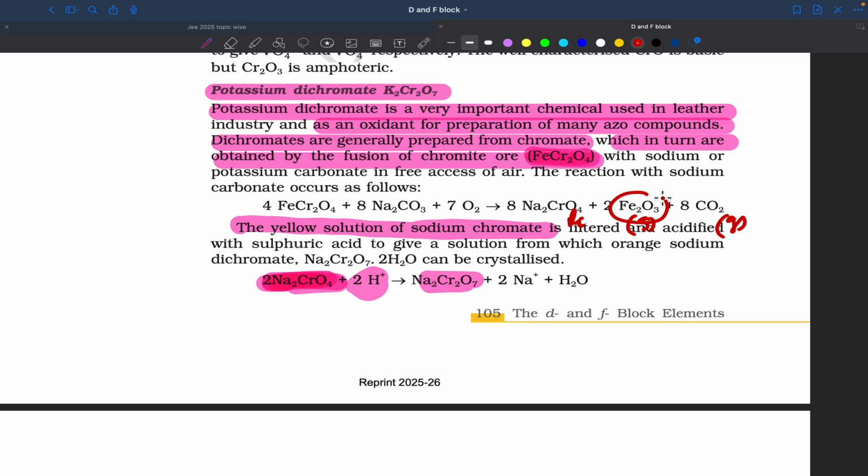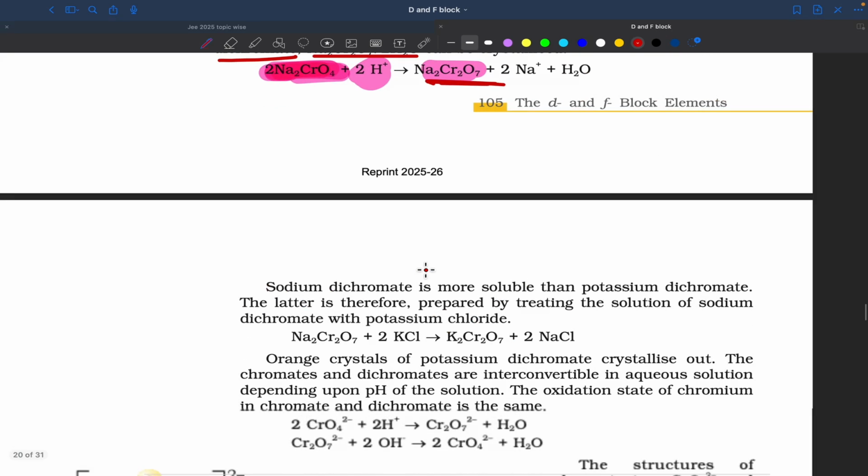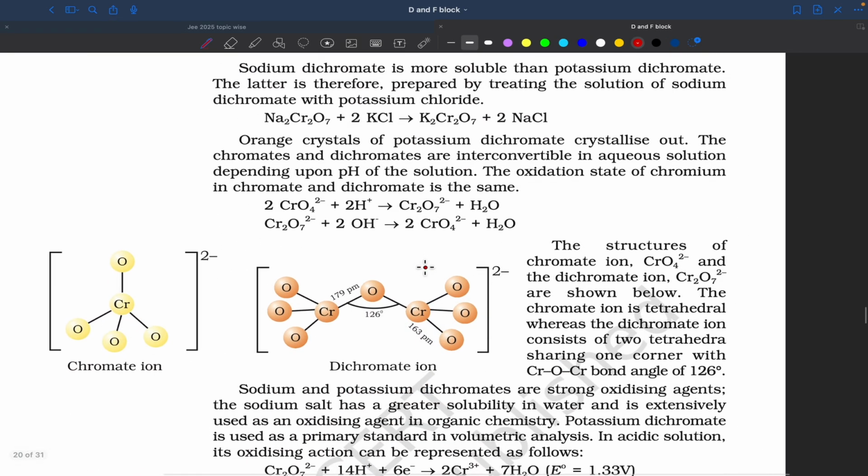So you have to find the molar mass of Fe2O3, iron oxide. Filtered and acidified with sulfuric acid to give a solution from which orange sodium dichromate Na2Cr2O7·2H2O can be crystallized.